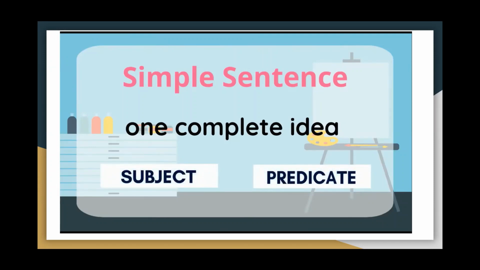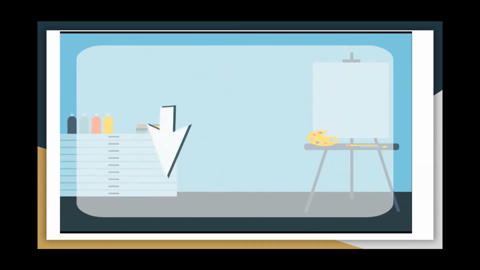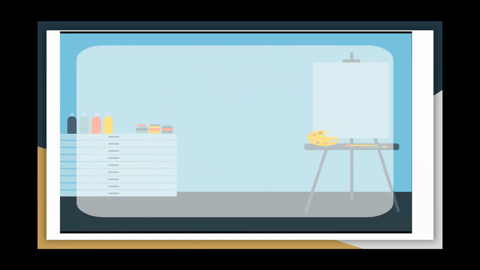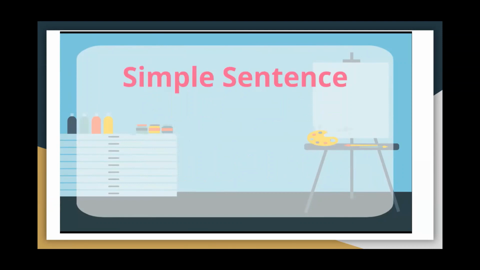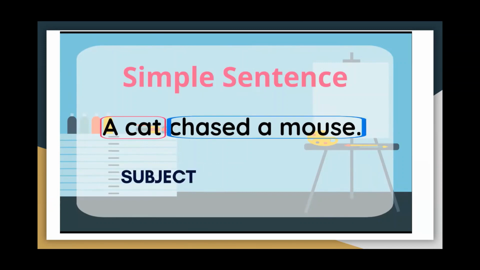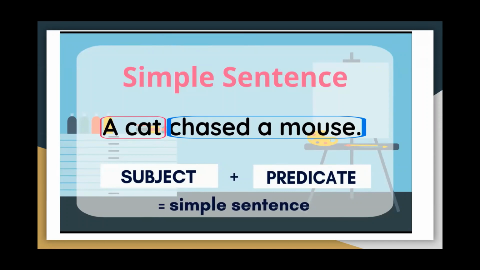If you want to watch the subject and predicate video, scroll down to the description box below and you'll find the link to that video. Assuming you know what a subject and predicate is, let's look at a few simple sentences. A cat chased a mouse. We have one subject, a cat, and one predicate, chased a mouse. This together, one subject and one predicate, is a complete sentence and is a simple sentence.